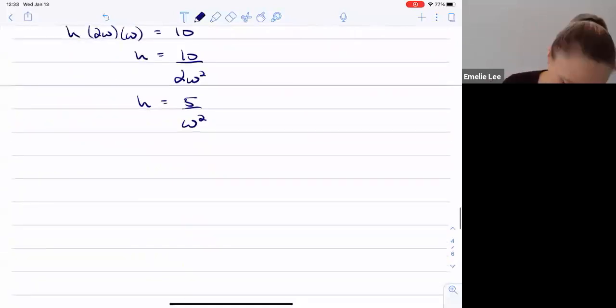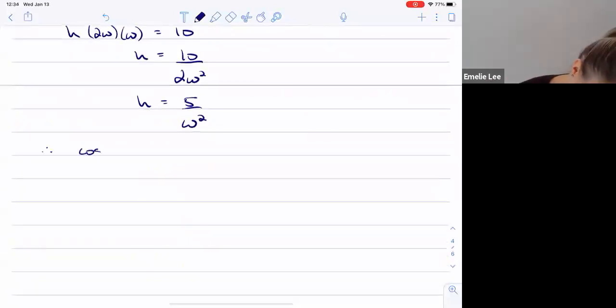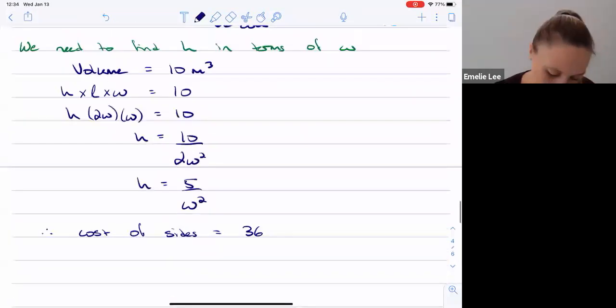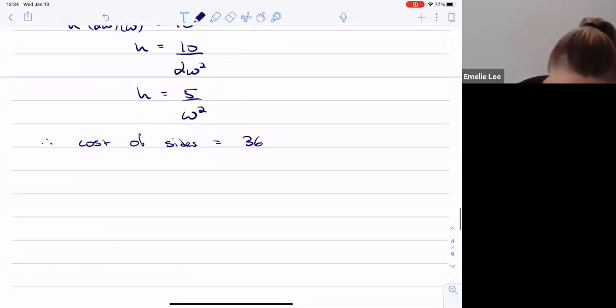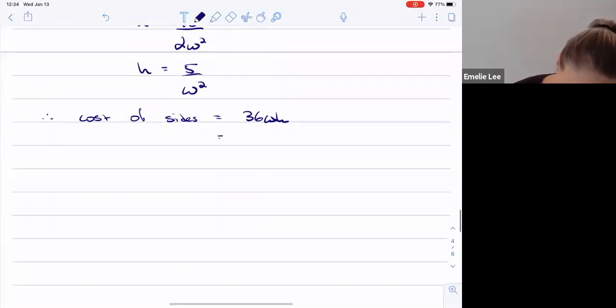So then therefore, the cost of the sides, which was 36WH, is 36W times 5 over W squared.